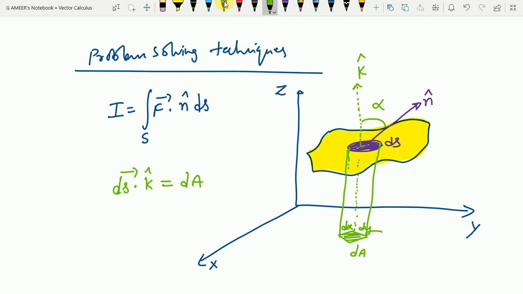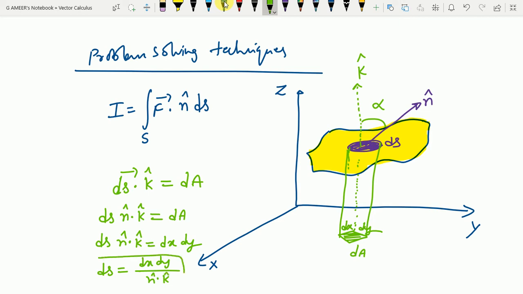So ds can be written as the magnitude ds into the direction n dot k into dA. So ds n dot k cap is equal to dA, which is simply dx into dy. So from here I can write ds will be equal to dx dy divided by n dot k.